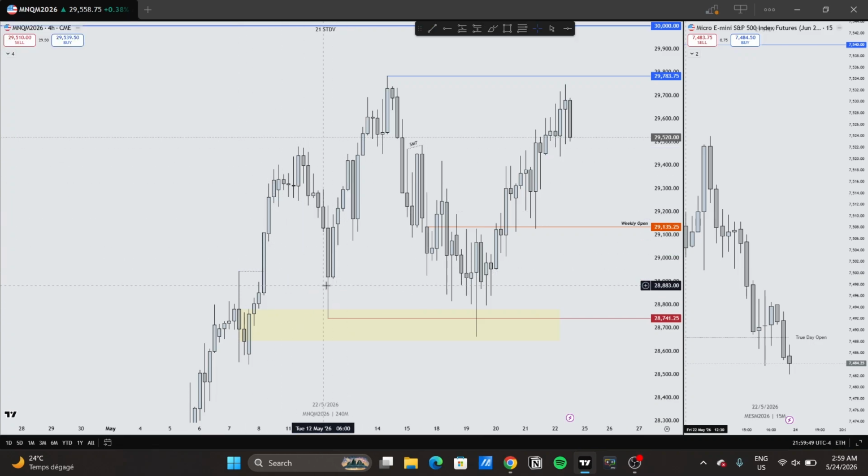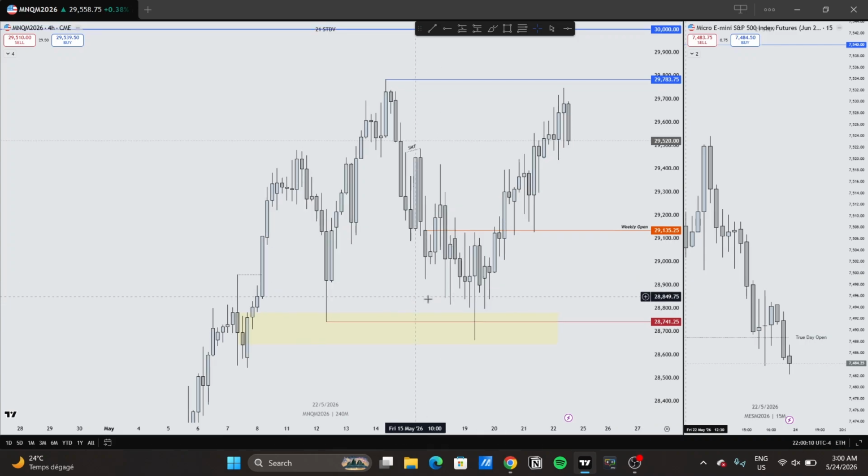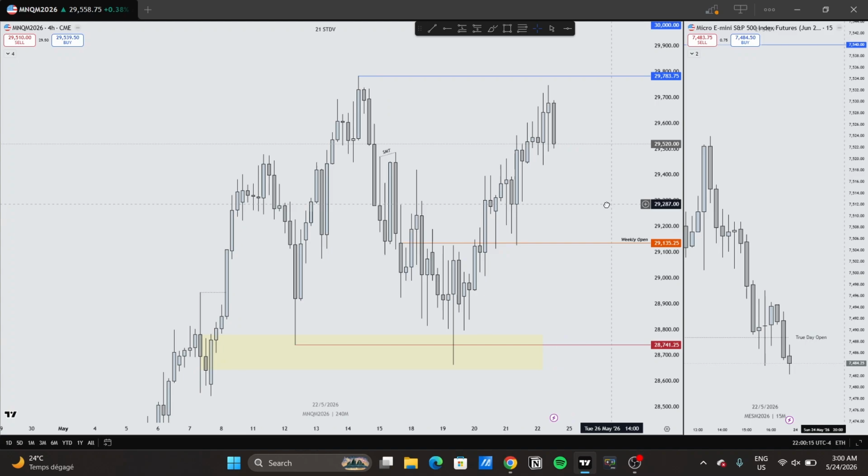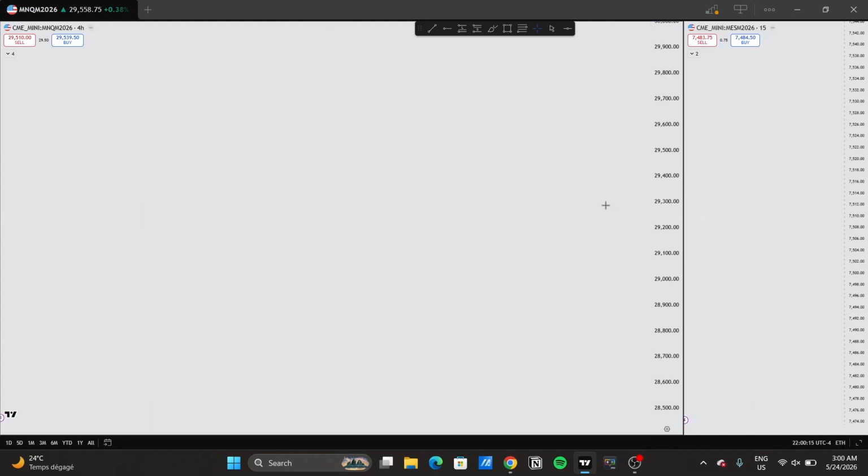Starting the count from here, we tapped the first time on Tuesday 12 May at 10 a.m., and then we came back and kept hitting this low and tapping the rejection block until Tuesday 19 May, which is last Tuesday, at 10 a.m., when we swept this low. So this was the idea of the stop hunts, one on the daily and one on the 4-hour.